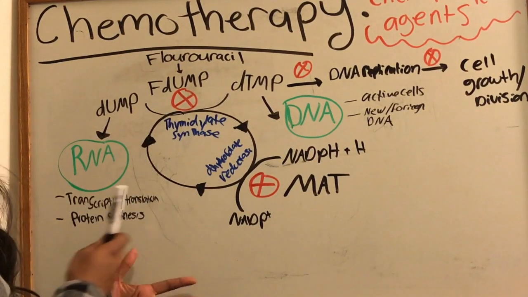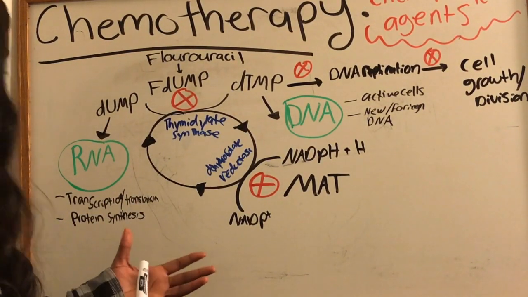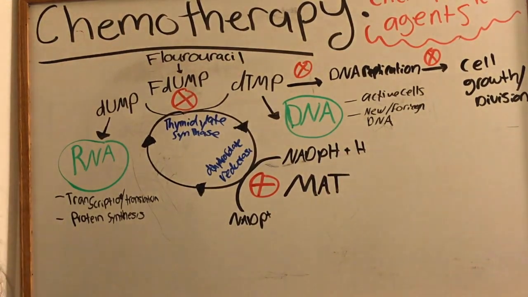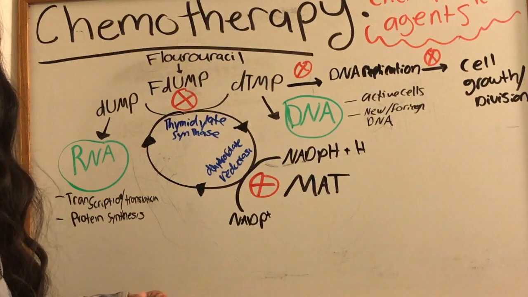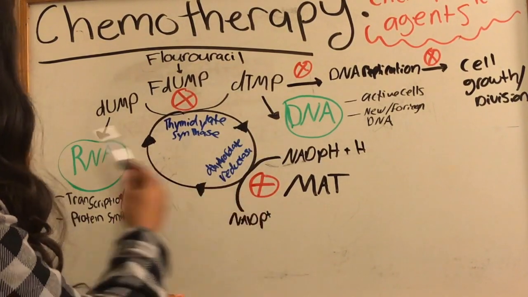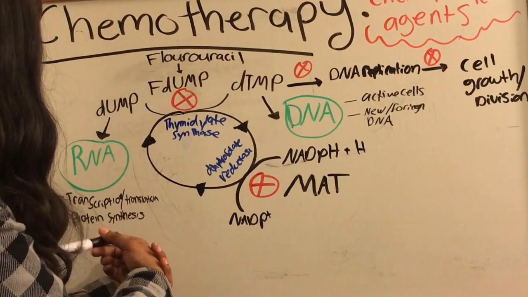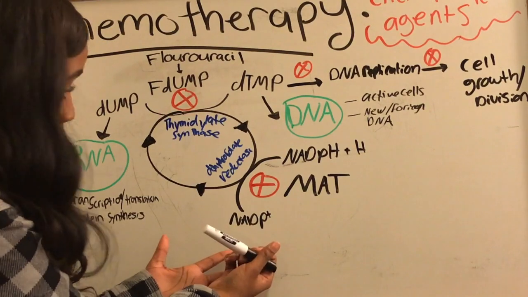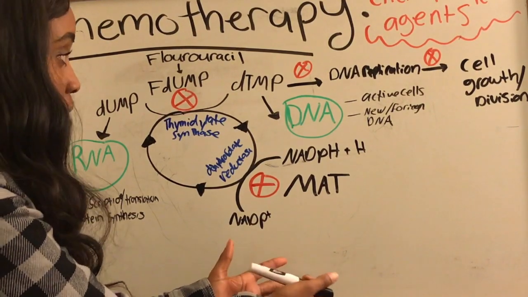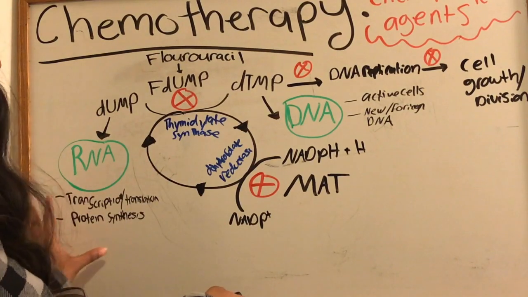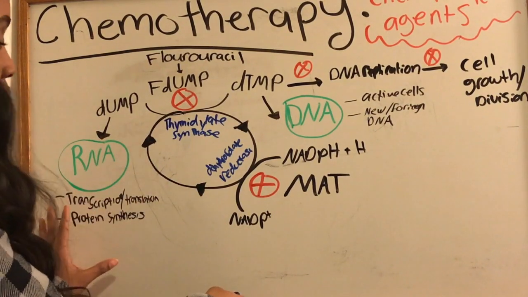And our RNA is very essential to our biological process, and it's responsible for the transcription and translation and protein synthesis. So we do not want these chemotherapeutic agents interfering with our RNA synthesis. And we could afford to temporarily stop DNA replication because we can always make more using our RNA template.